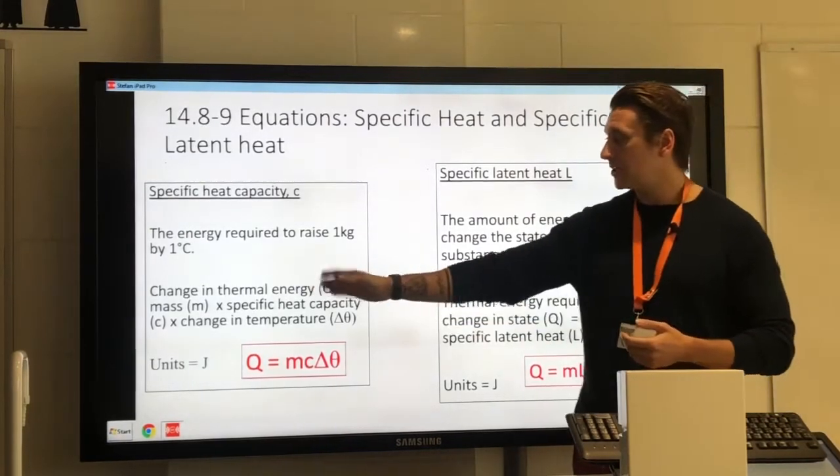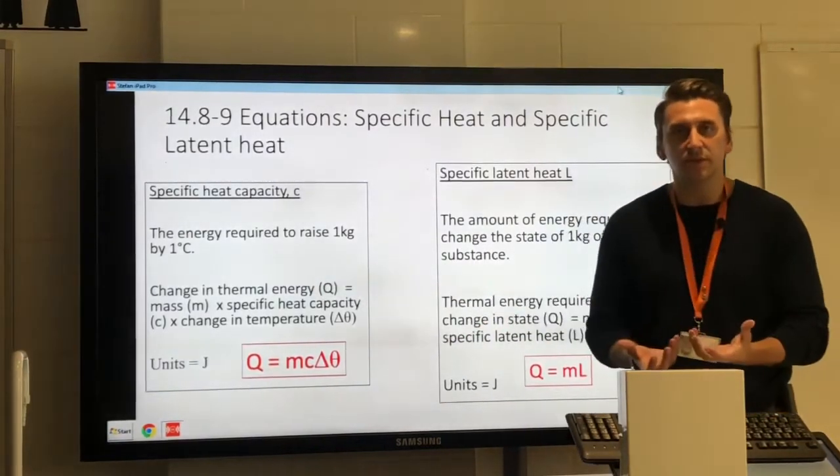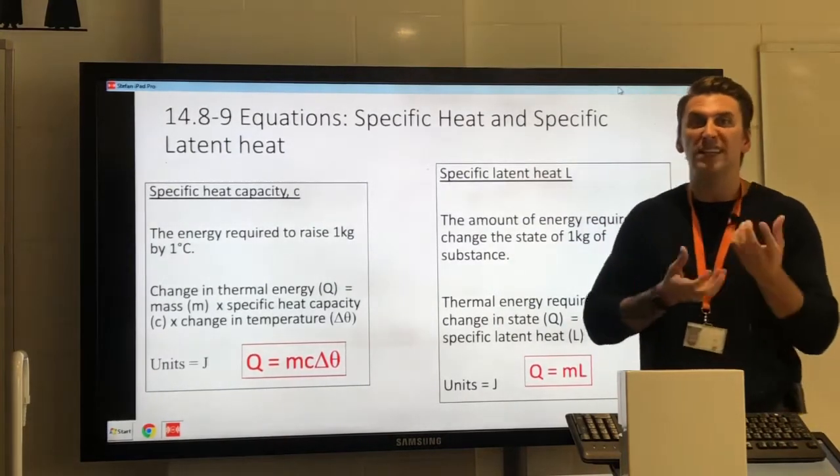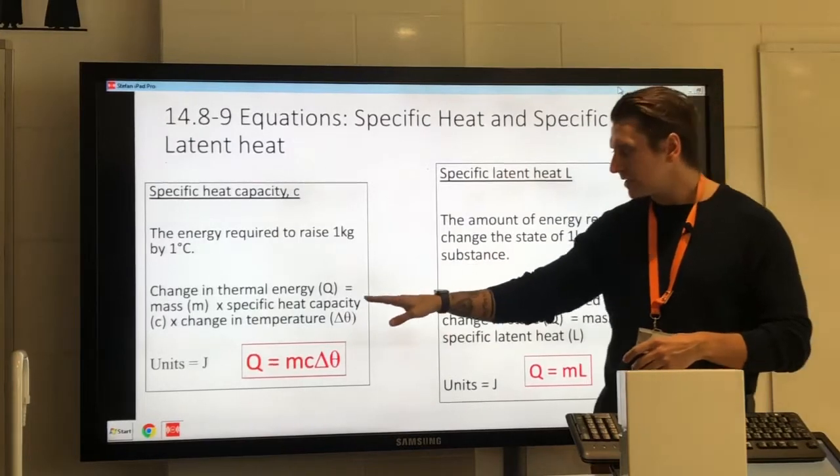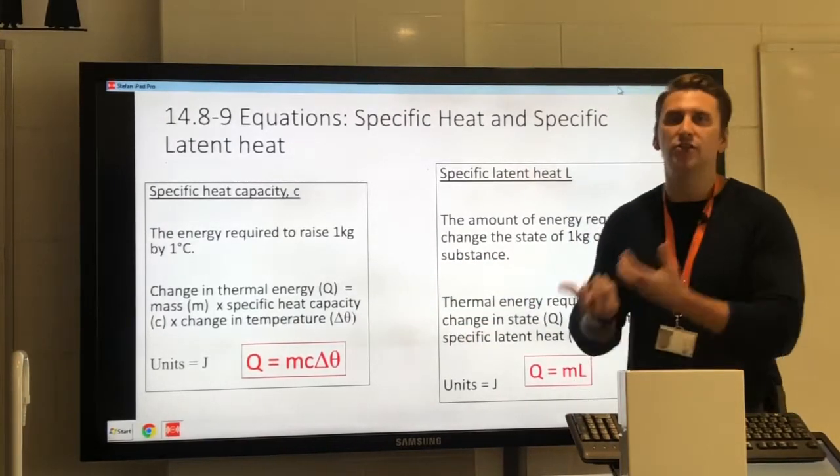So Q, the change in thermal energy; m, the mass of the substance that you're heating or cooling; the specific heat capacity, c; and then delta theta, which is just a change in temperature.